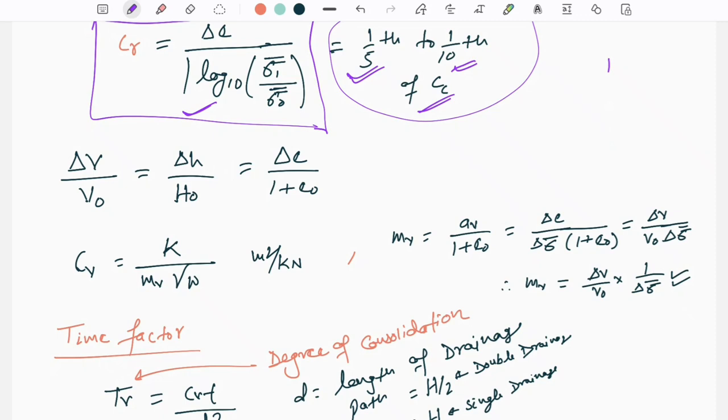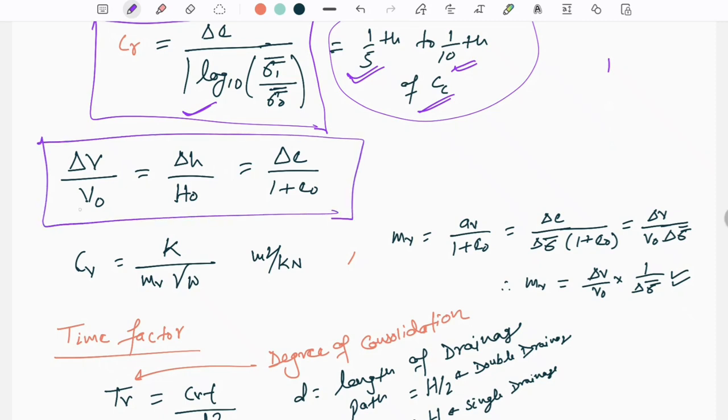Now again you can find the important relation: del V upon V naught is equal to del H upon H naught, which means change in settlement.